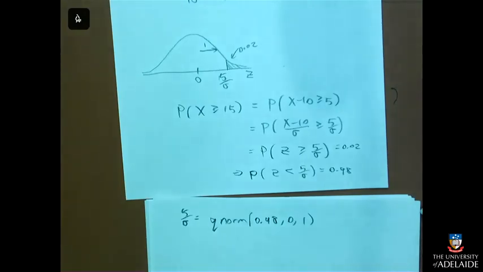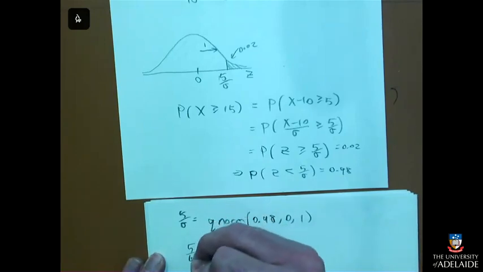And I'm just looking it up on Wolfram Alpha, because this computer doesn't have R. There we go. 2.054.